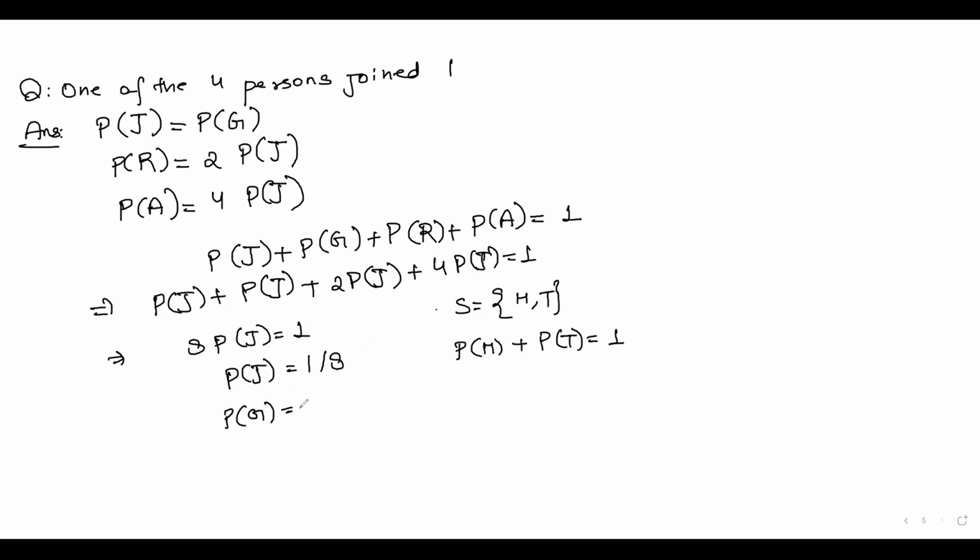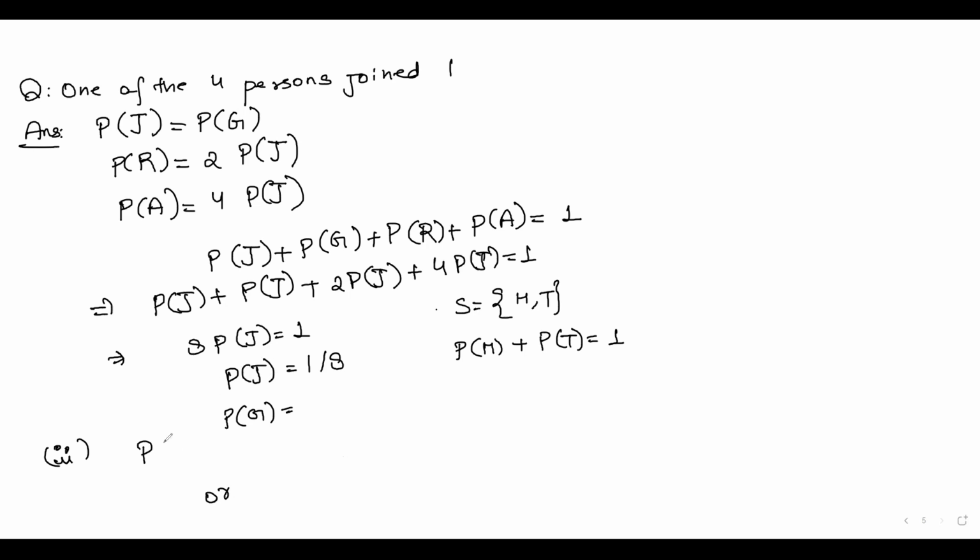In the second part, they are saying A is equal to John promoted or Gurpreet promoted. Or means what, union or intersection? Or is union.